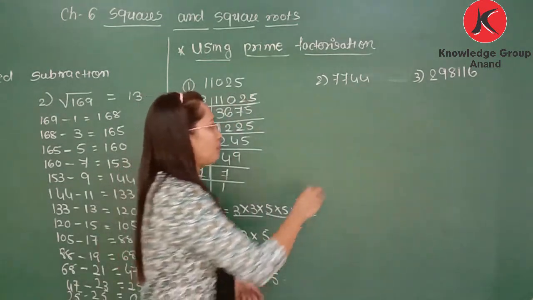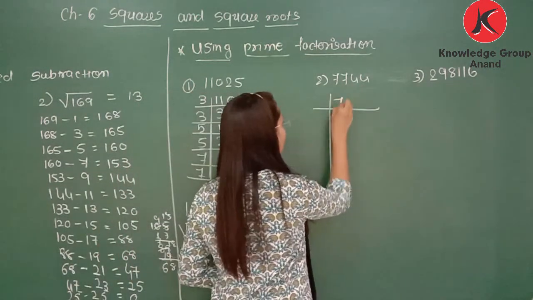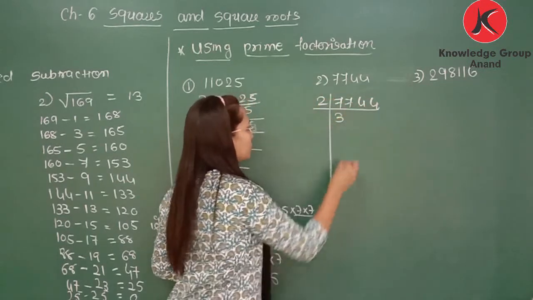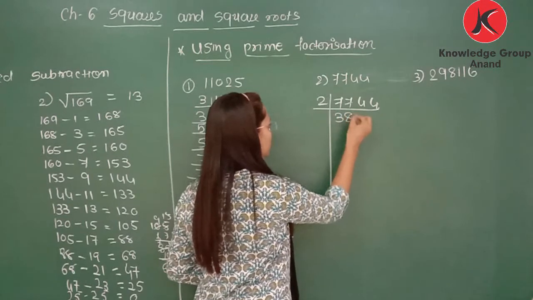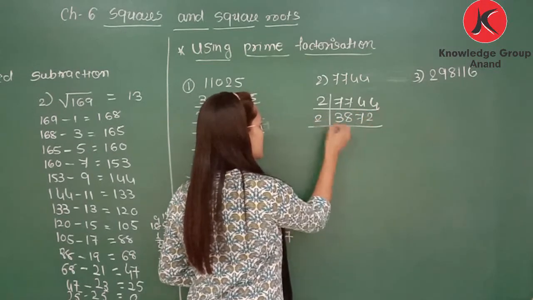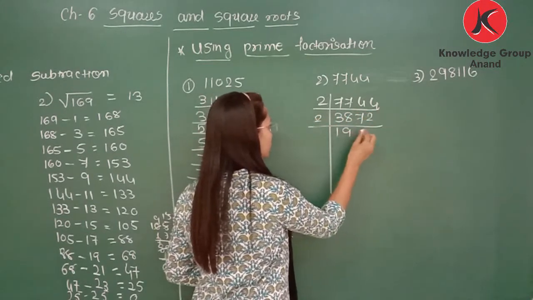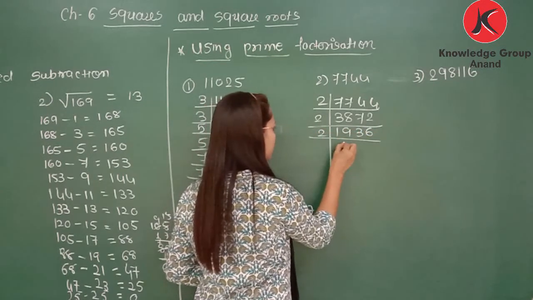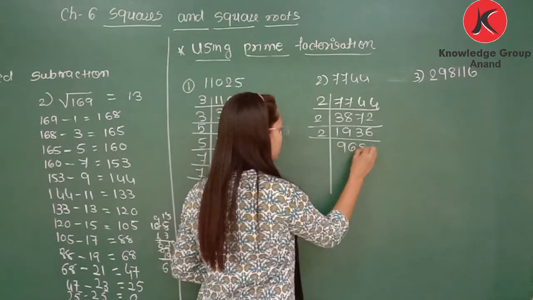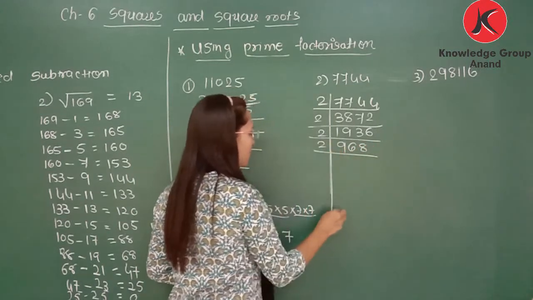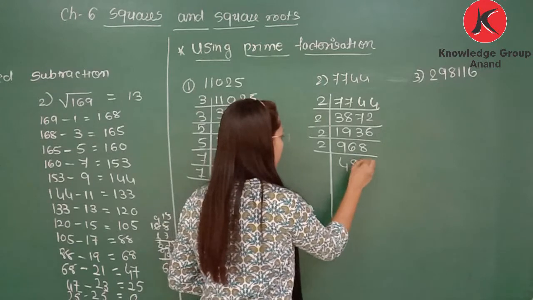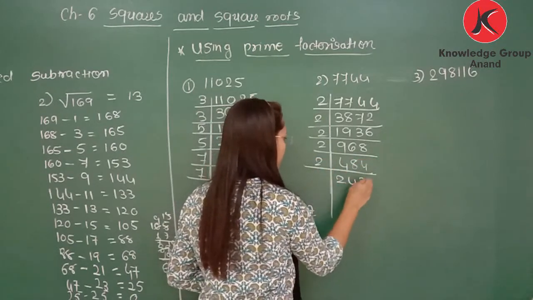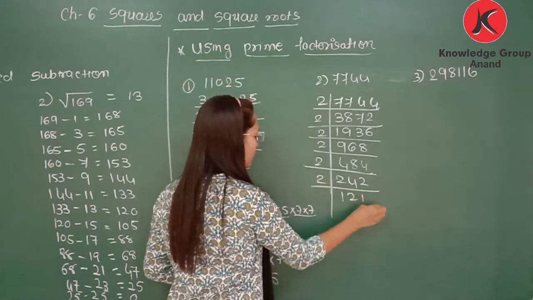Now next, 7,744. Let's find the prime factors of this number. 7,744 is divisible by 2. Again it is divisible by 2. Again it is divisible by 2. Now 11.